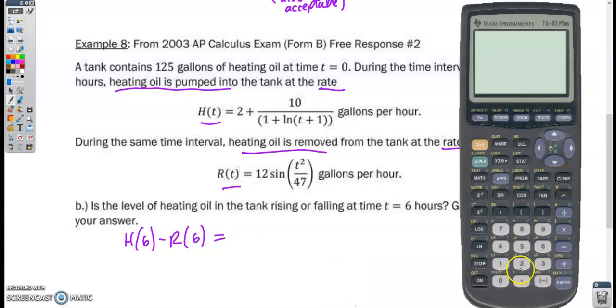And so I'm just going to go ahead and take 2 plus 10 over the quantity 1 plus natural log of, and we're doing it at time 6, 6 plus 1, close that, close the denominator, minus the rate at which it's exiting, 12 sine of 6 squared over 47.